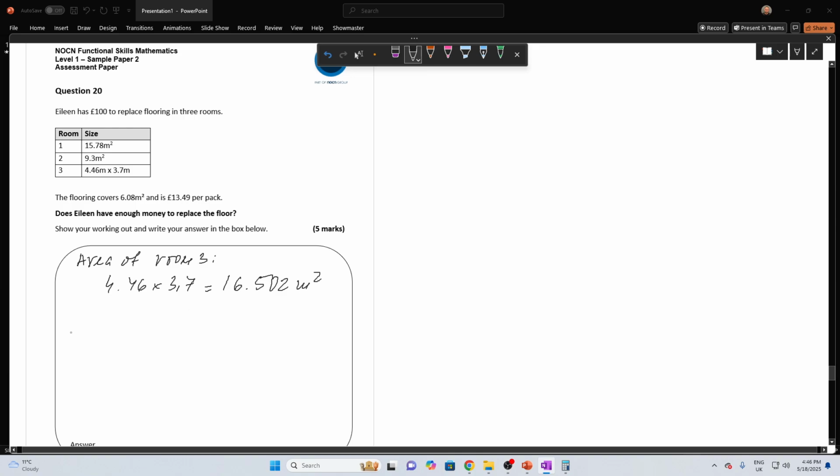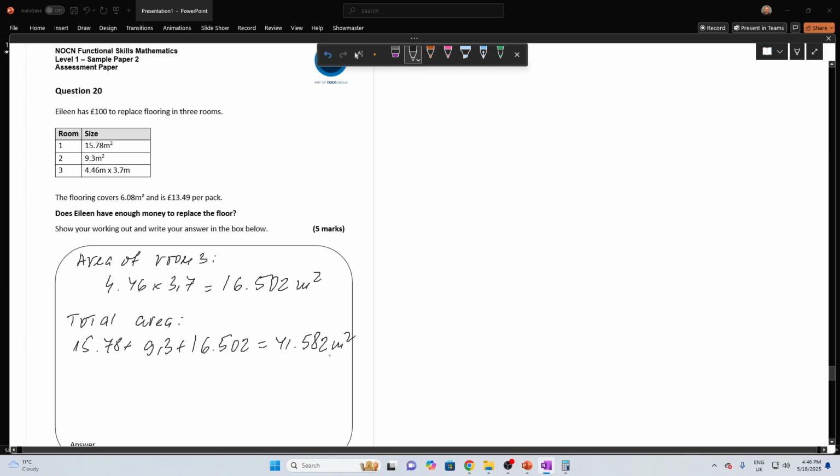Then we calculate the total area. So room 1 is 15.78, room 2 is 9.3, and room 3 is 16.502. We found it just now. And the total one is going to be 41.582.